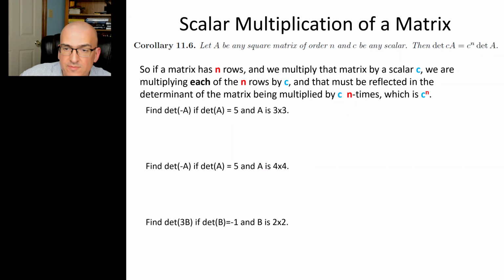Okay, so an example. We're asked to find the determinant of negative A if the determinant of A is 5 and A is a 3 by 3 matrix.